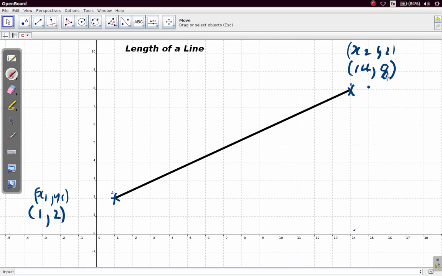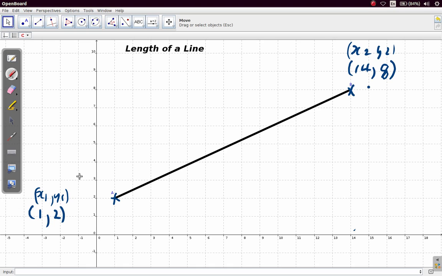Now, the thing is this. If you remember, previously we spoke about Pythagoras theorem, right? Or in books, websites, you probably would have done it before, where you calculate the length of what is called the hypotenuse of a right-angled triangle.